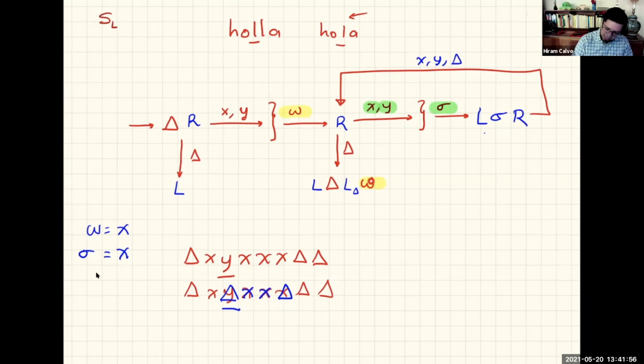And then write omega. Omega is X. Then you write X. It looks awful, right? So I will copy the string again, and it will write X here. And finish, halt. Why halt? Because there's nothing else defined here.